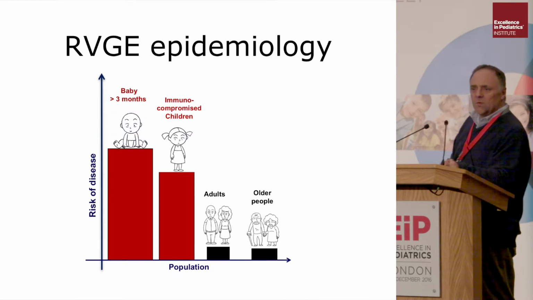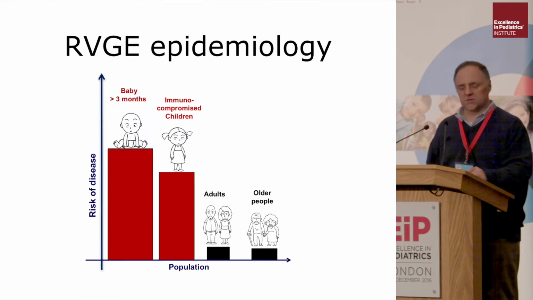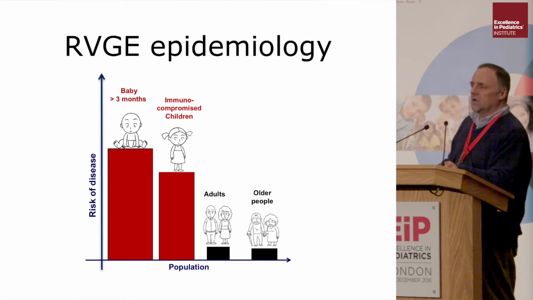However, adults and older people will also develop once in a while a gastroenteritis with rotaviruses, definitely when they have often contacts with infectious children. However, the severity of that episode will be, of course, far less than with the smaller children, and definitely when they are premature or immunocompromised.